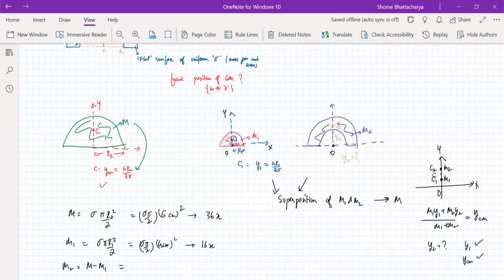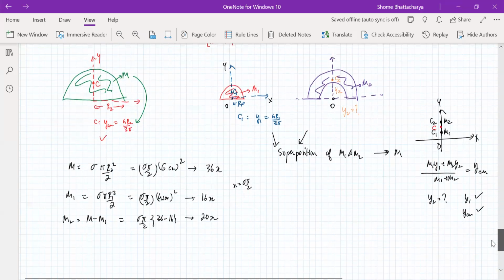So this will become 36 minus 16, or it will become 20x, where x is just this sigma pi by 2 term only. So we can replace these masses like this. That will give me the formula without using any integration and all that.